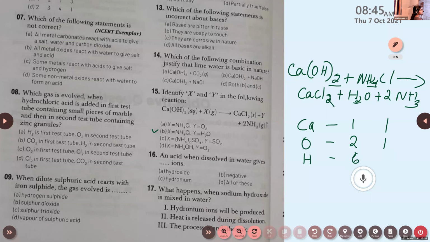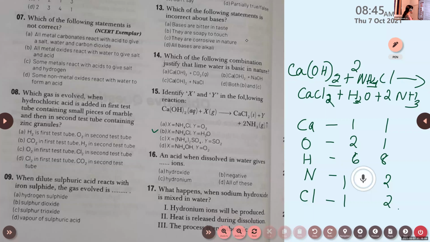Nitrogen: here 1, here 2. Cl: here 1, here 2. So we need to balance this equation. We will add 2 just before NH4Cl. Now it is balanced. Clear? Ca(OH)2 plus 2NH4Cl gives CaCl2 plus 2H2O plus 2NH3. Clear, children?